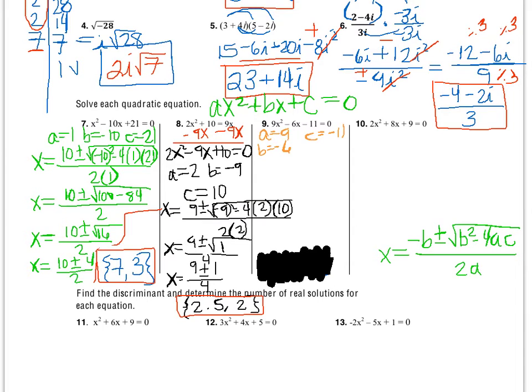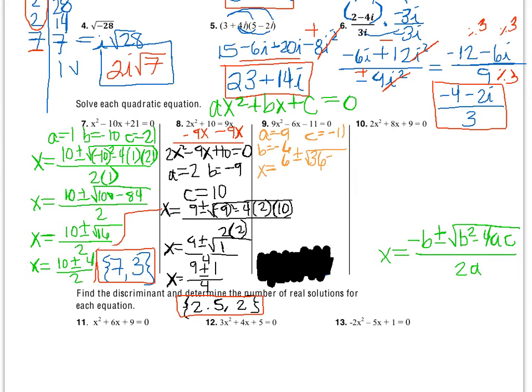All right, so plugging this in, we get X is equal to opposite of B, so +6, plus or minus the square root of, and now it's B squared. So B squared is -6 squared, which is 36. Minus 4 times A. 4 times A is 36 times C. So 36 times 11.